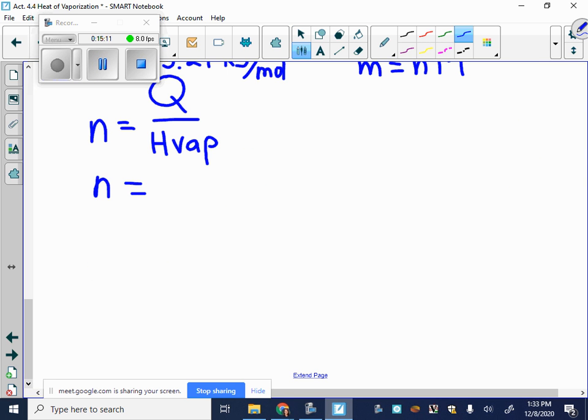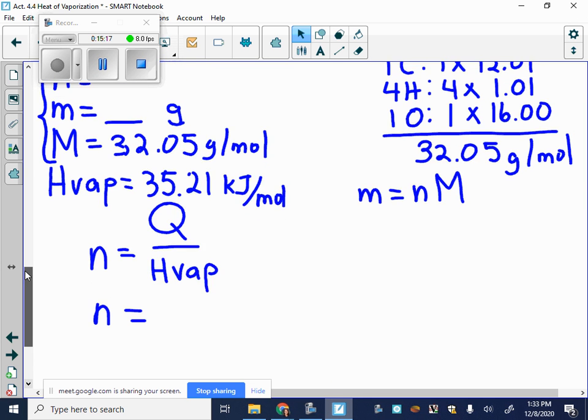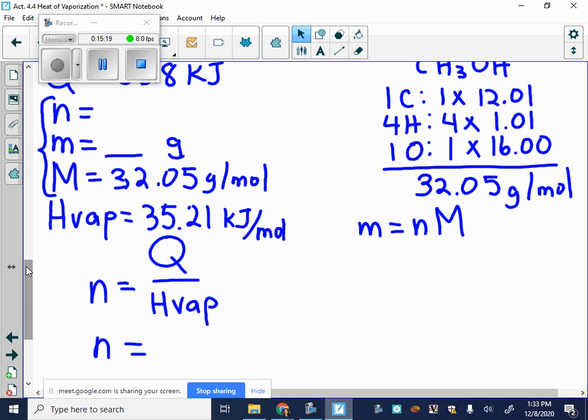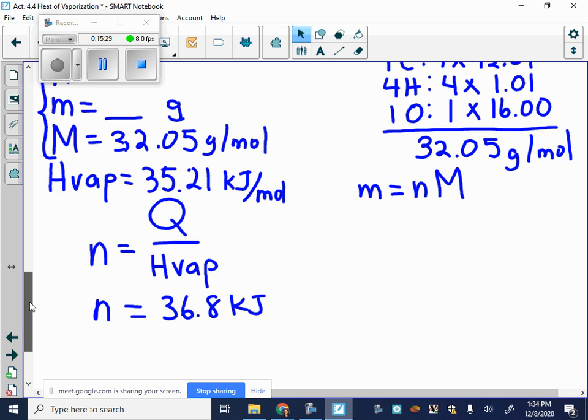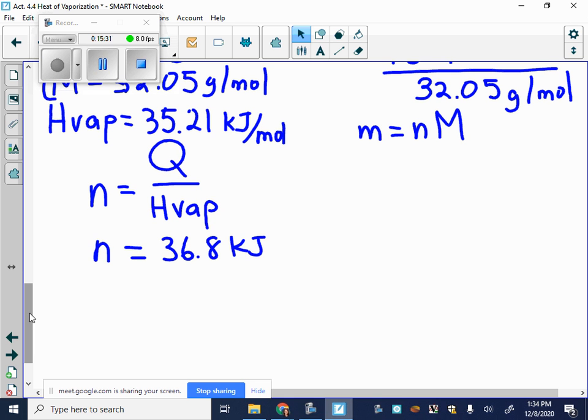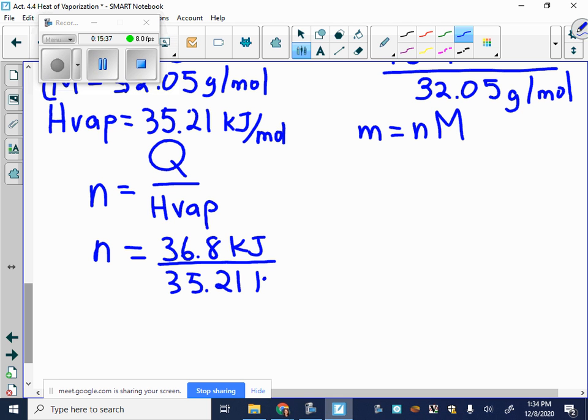Number of moles is, what's our heat again? 36.8 divided by 35.21 kilojoules per mole.